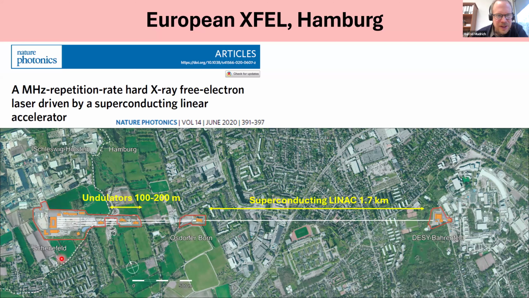And that is a new facility, and it's a European facility, and it is the most powerful facility until today in terms of reaching very high photon energies and highest pulse energies. And this is basically all based, or it relies on just the sheer size, that it is by far the longest accelerator structure, and also extremely long undulators.